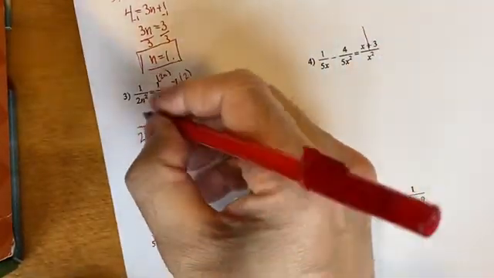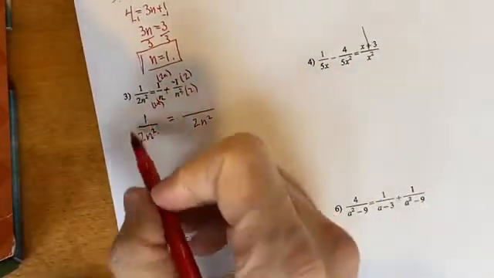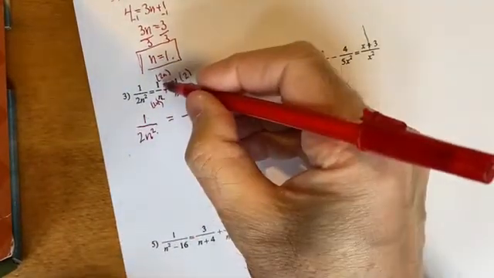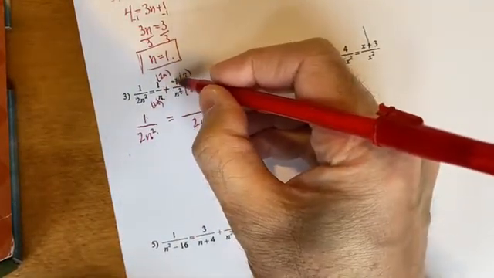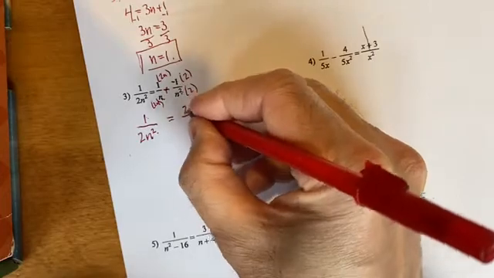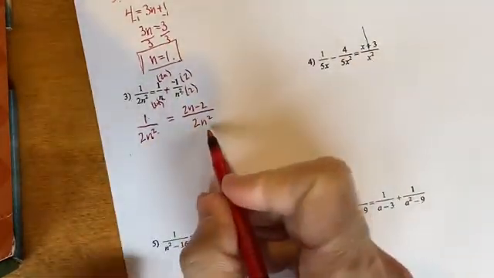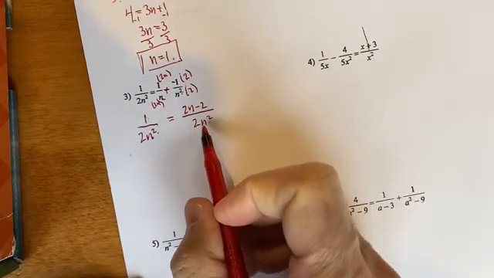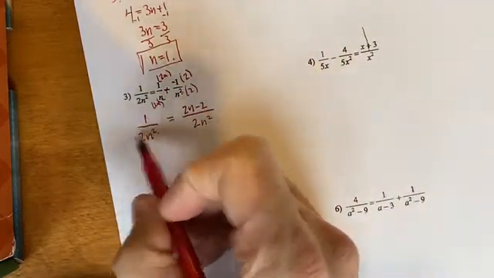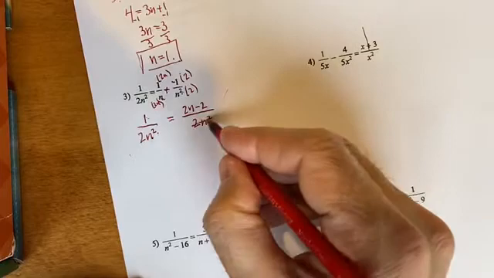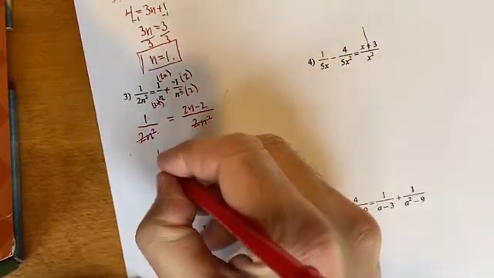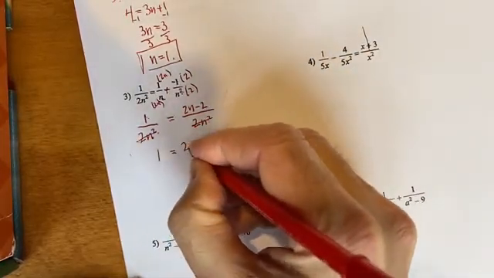So this fraction does not change. This changes to 2n minus 2. Now the denominators are the same on both sides of the equal sign, so we can multiply both sides of the equal sign by 2n squared. I'm not going to show that part, but this is the equation we have to solve.